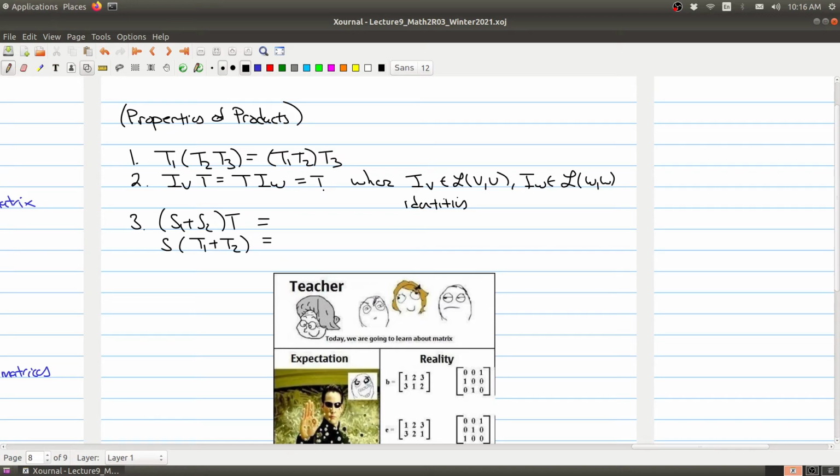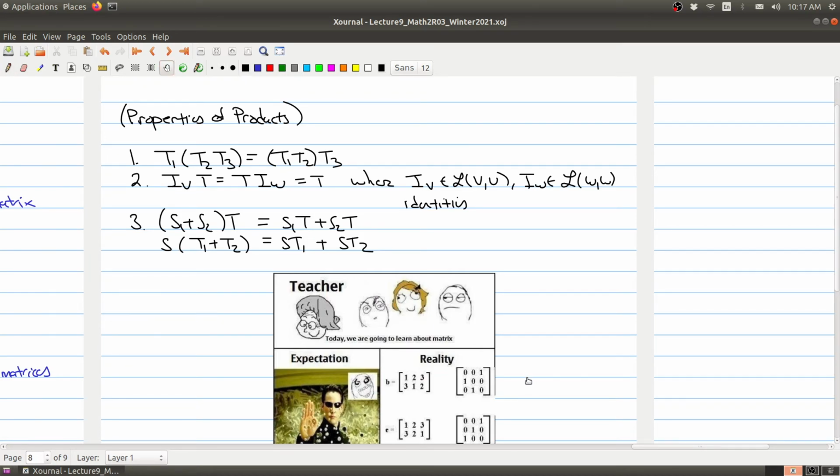Then we have the distributive properties that hold for the product of transformations: S1T plus S2T, and ST1 plus ST2. These are the properties of products, which is something you would have seen before.